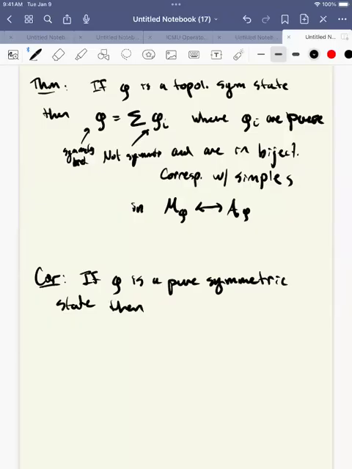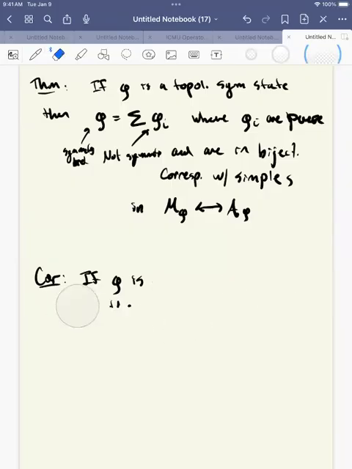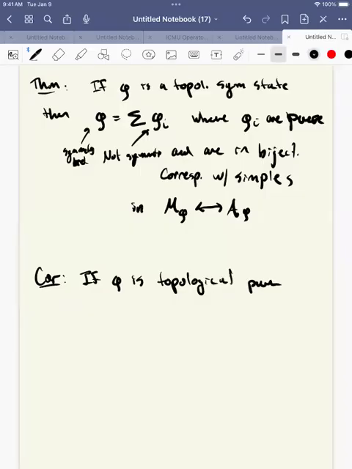In other words, because in my world, symmetry breaking means it's not pure. So when I say pure, I mean not symmetry breaking. If phi is a pure symmetric state, then phi is not topological. Or let me say it this way: if phi is a topological pure symmetric state, then C has a fiber functor, right?